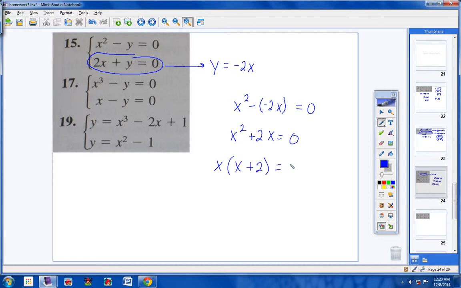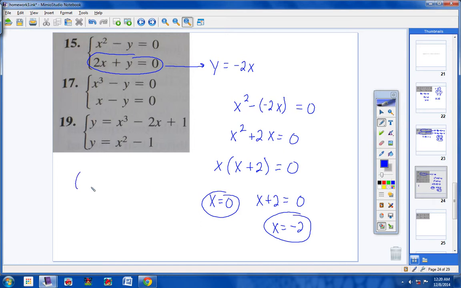Now take each group and set each group equal to 0. x equals 0. Now take this group here, set it equal to 0. x equals negative 2. So I have two x values, okay? 0, comma, question mark, and negative 2, comma, question mark.